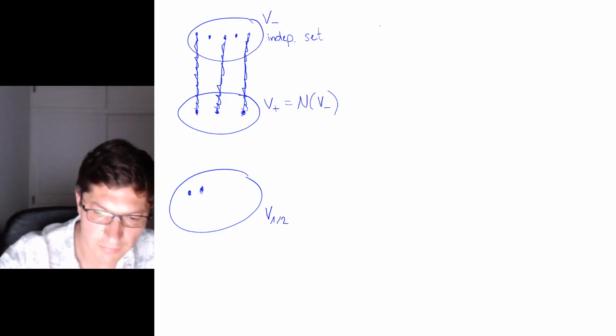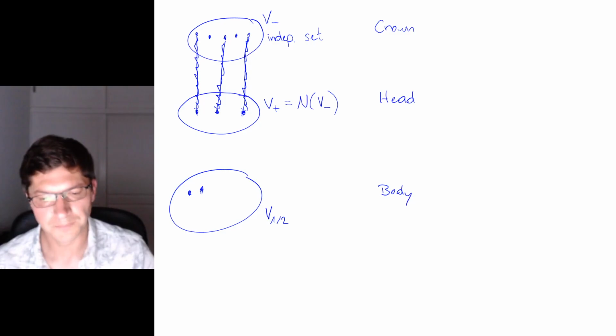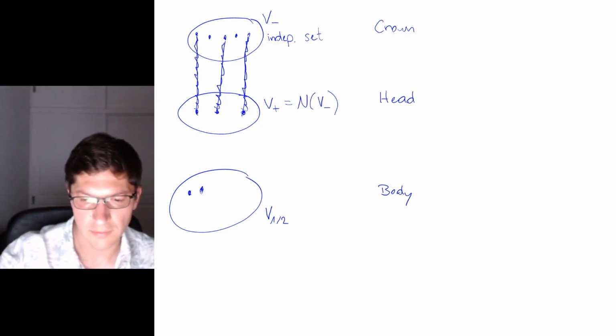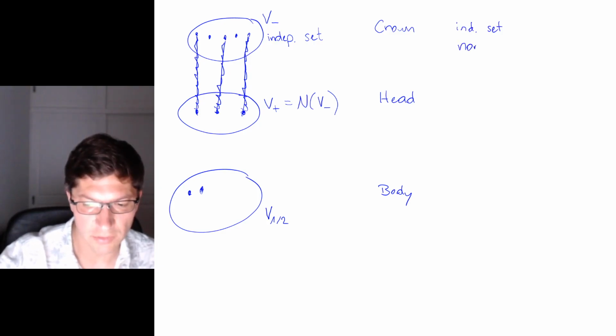On top here we have the Quown, then we have the head, and then we have the body. The constraints are that the Quown is an independent set, and it is non-empty, so it contains at least one vertex.